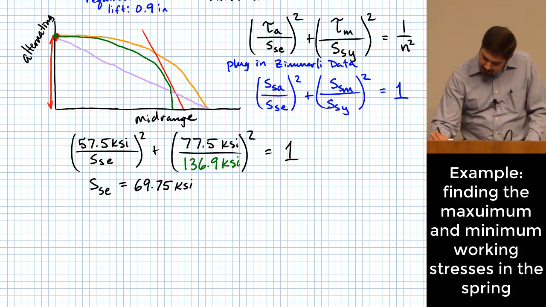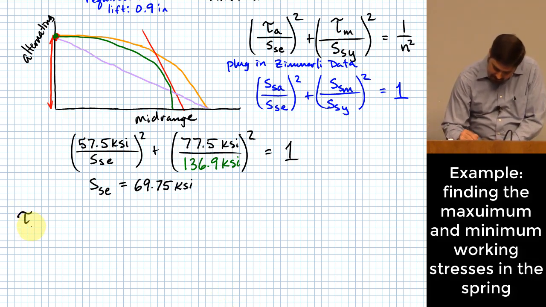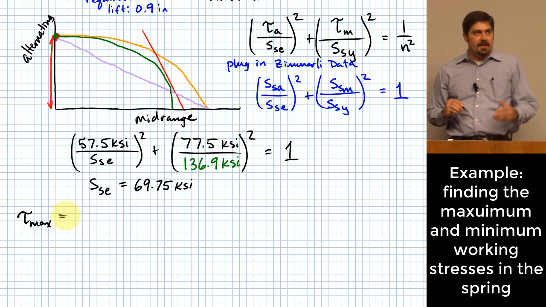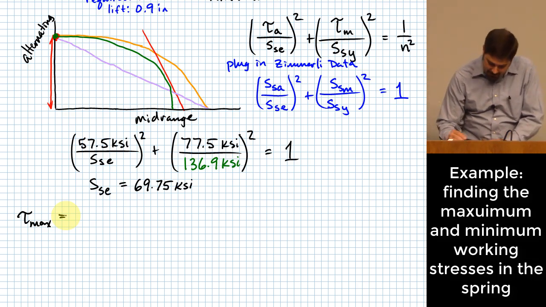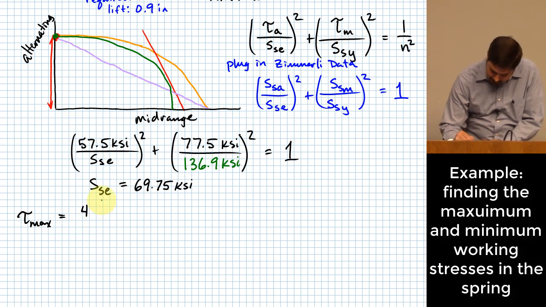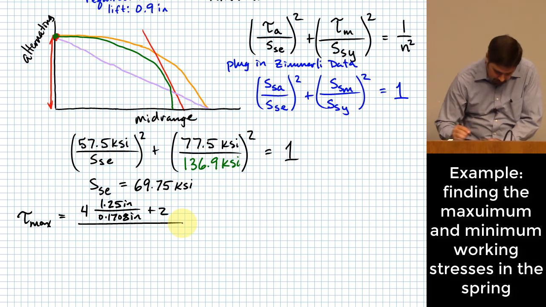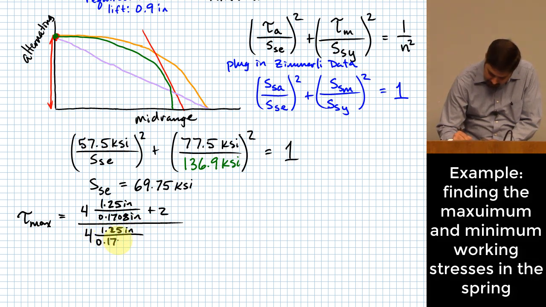Okay, I need to find my max and min shearing stresses, so that I can then find mid-range and alternating shearing stresses. Well, this includes the Bergstresser factor. So 4 times 1.25 inches over 0.1708 inches plus 2 over 4 times 1.25 inches over 0.1708 inches minus 3.